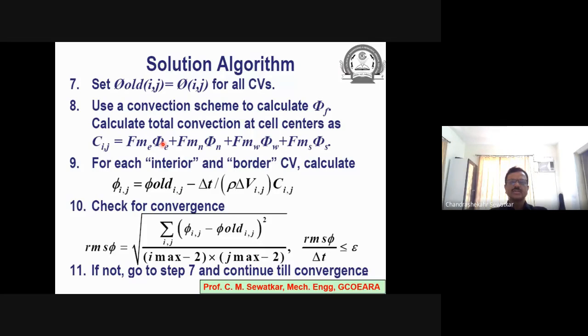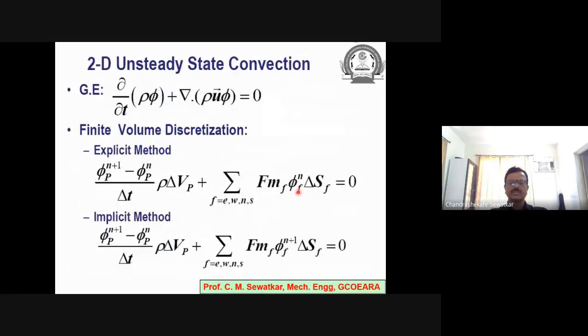So once I know Cij, explicitly I can write down the solution for the new value of phi ij as phi old ij minus delta t upon rho V_ij times Cij. This is the expression which I'm using. This is my new, this is old. This is Cpij. I take it onto the other side, and then Cpij will be multiplied by delta t and divided by rho and delta Vp.